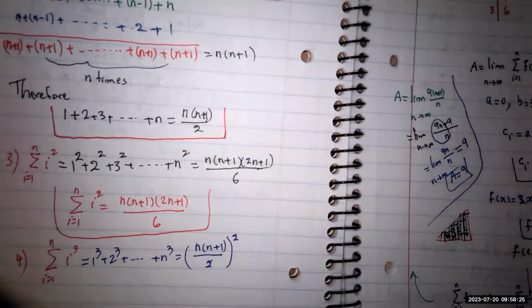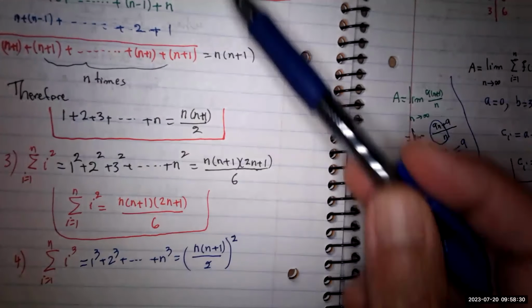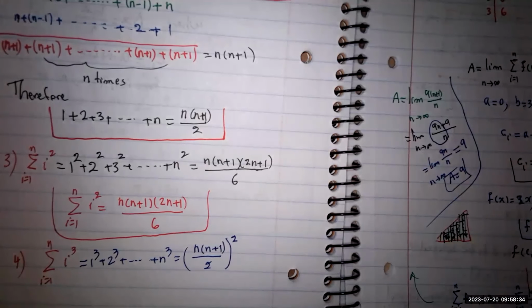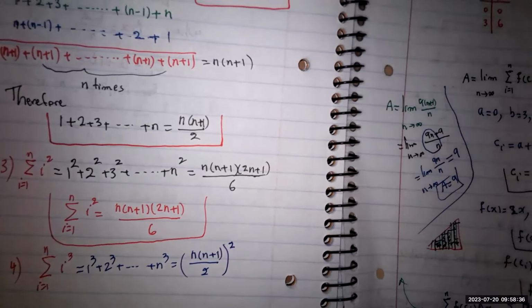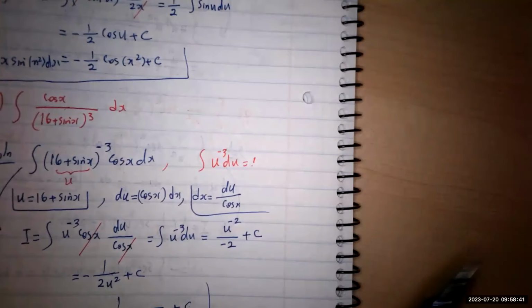Sigma i and sigma 1, we have all of them. You can bring all the formulas, but mostly you need sigma i squared. So in this case, I need to use the i cubed.